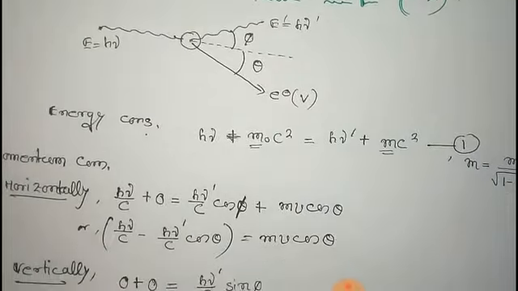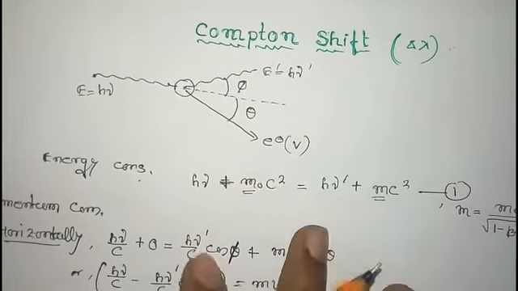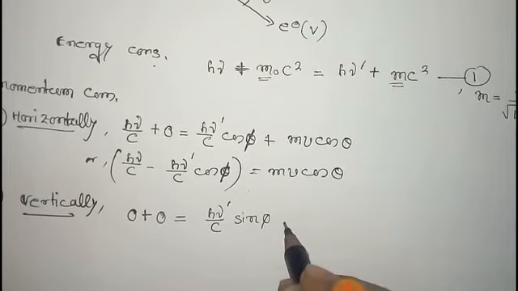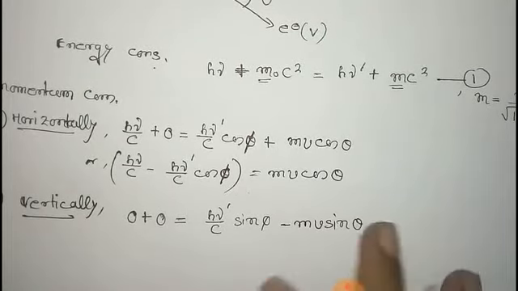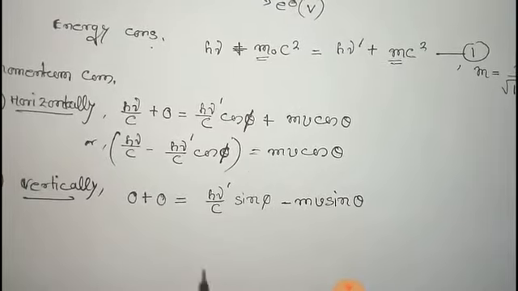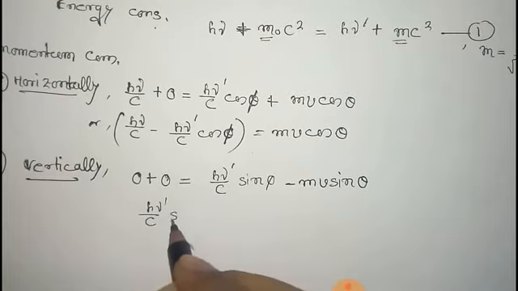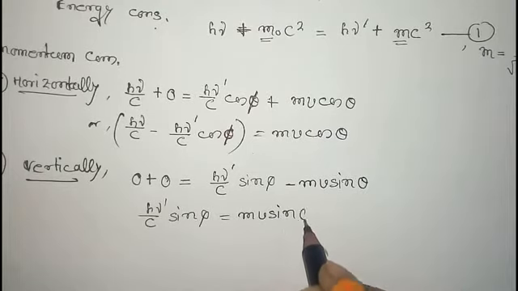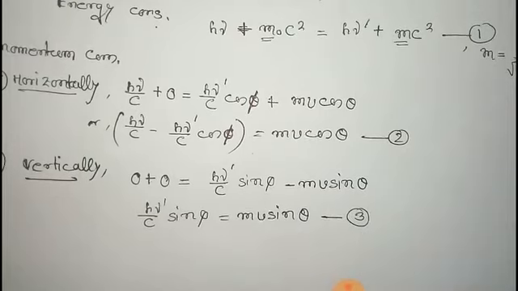Now after collision the electron has the vertical momentum mv sin theta, with a negative sign because the vertical component is in this direction, opposite to the photon's direction, so it will be like this. Now we take this as equation 2 and this as equation 3.